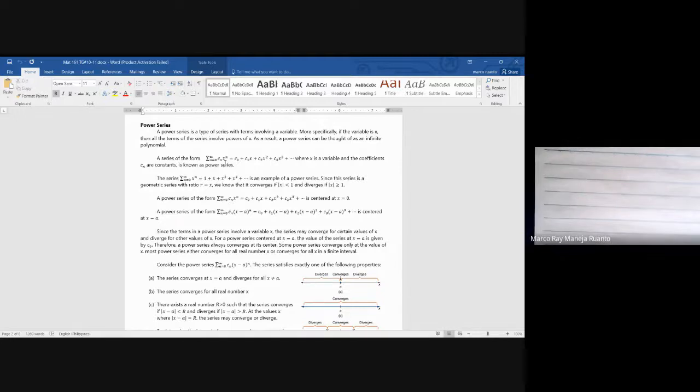Also, class, if you go to higher math, especially in the sciences, one of the applications of power series is the formation of light.